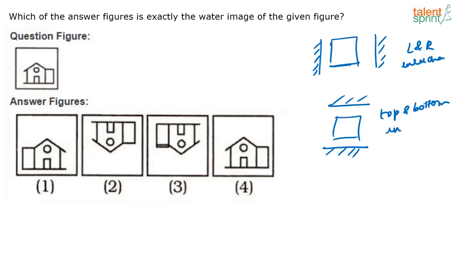Now if a mirror is either placed at the top or the bottom of the image, in such cases the top and the bottom of the image will get interchanged, and left and right will remain the same. So if the mirror is placed on the left or the right, the left and right sides will get interchanged, and the top and the bottom will remain the same. If it is placed at the top or bottom, top and bottom will get interchanged in the mirror image, but the left and right will remain the same.